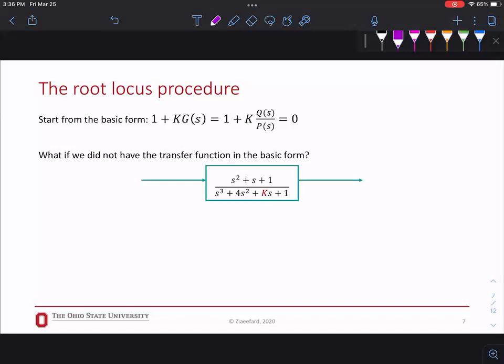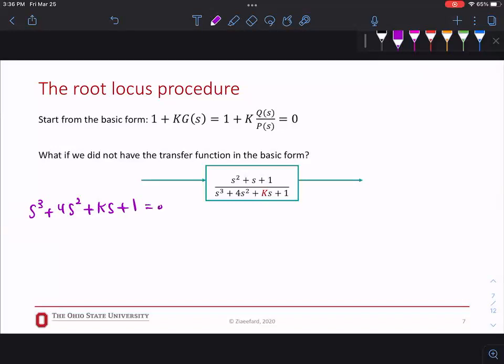You remember there was the left side and right side. So what if we had all the PQs? What do we do there? First of all, this is your closed loop transfer function. We grab the denominator, s cubed plus 4s squared plus ks plus 1. How do I fix this?